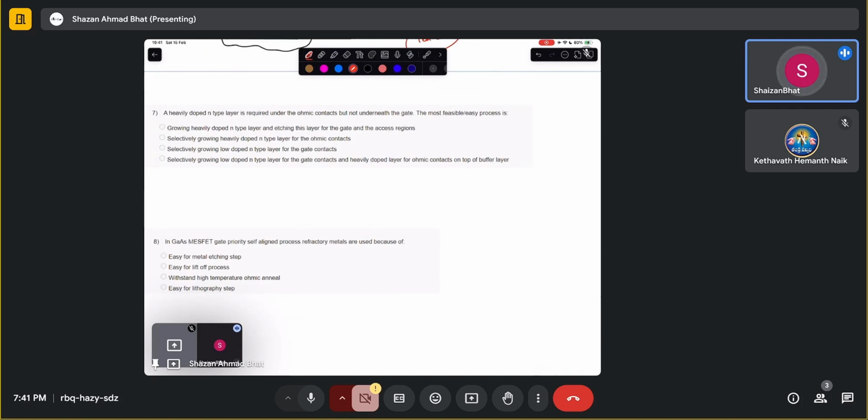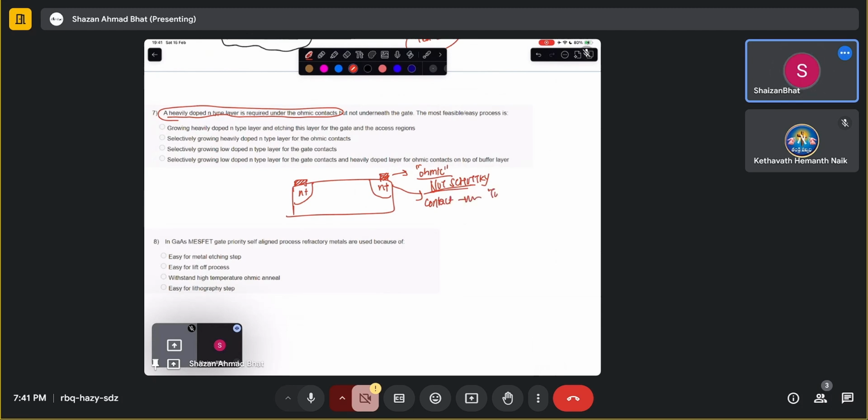Okay, so it's saying that a heavily doped n-type layer is required under ohmic contacts. So if you have n plus, these are basically ohmic contacts. These are ohmic, not Schottky, because you want the contact resistance to be as minimum as possible.